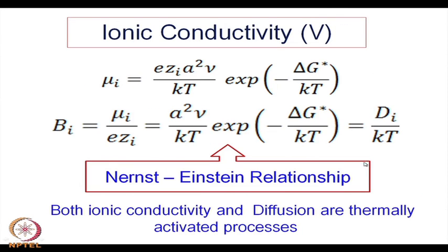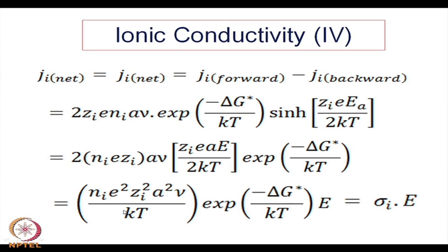Ultimately, this can be written as sigma_i E, according to the definition of the flux density. The E term is already there from the earlier consideration.